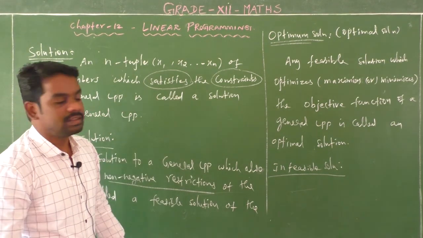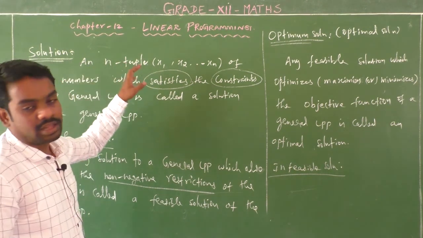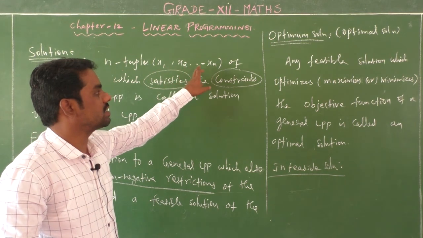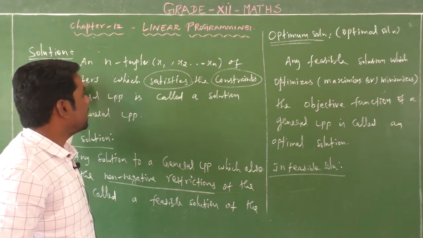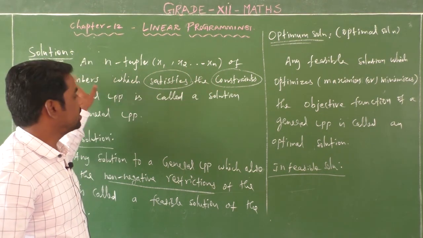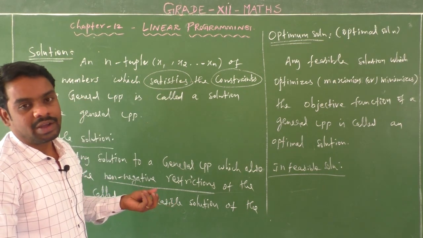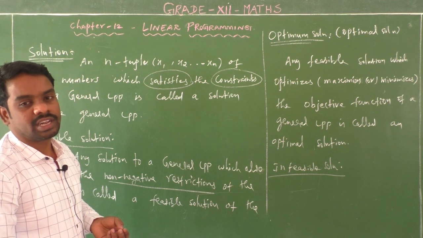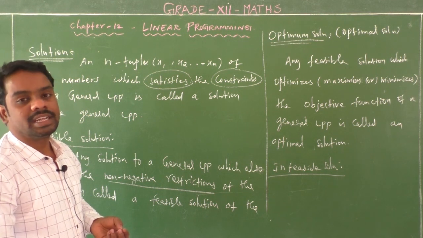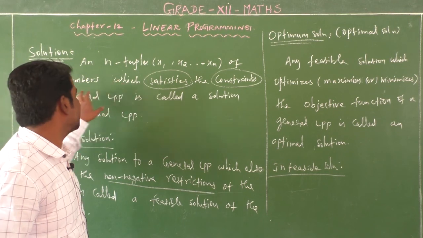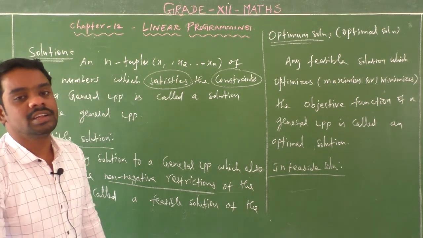That is, the decision variables x1, x2 and so on, xn, real numbers that satisfy the constraints a11 x1, a12 x2 and so on, amn xn. A set that satisfies the constraints of a general LPP is called a solution.